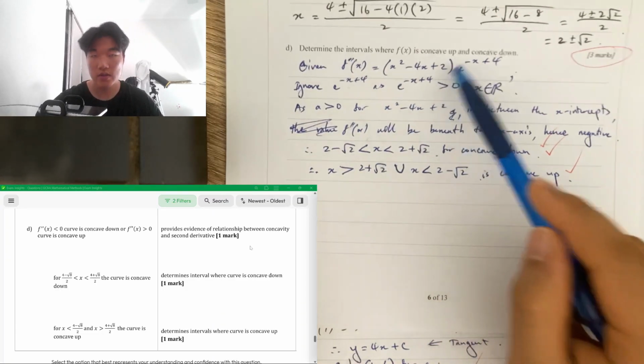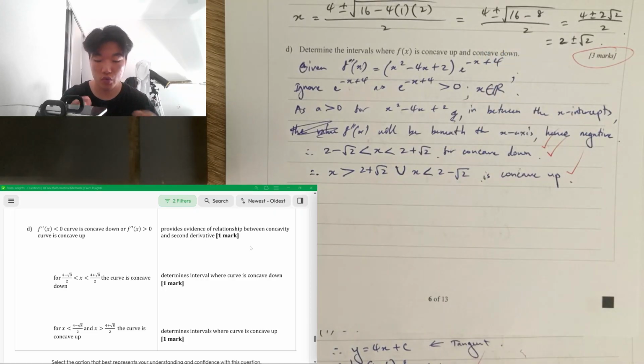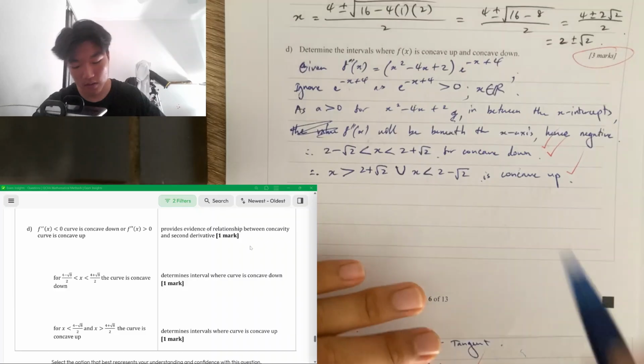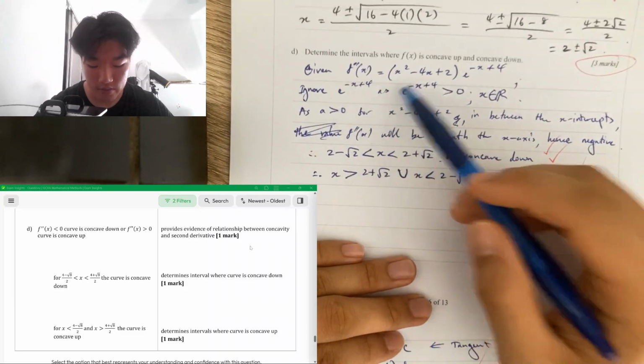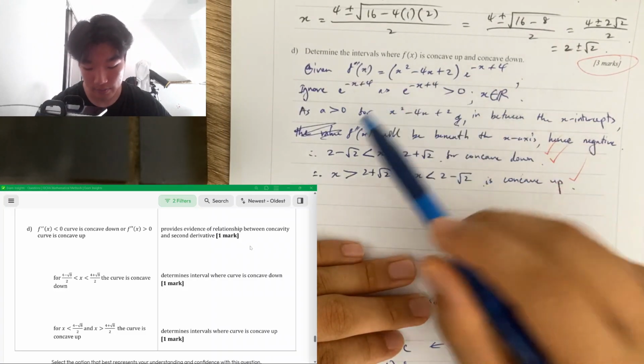Because it's positive. So it doesn't have any contribution to the sign of the second derivative, because when you multiply a positive number with any other number, the sign of the other number is just going to stay the same, right? So it doesn't change anything, right?